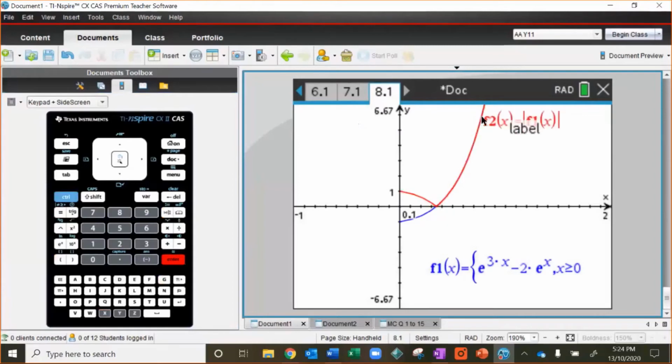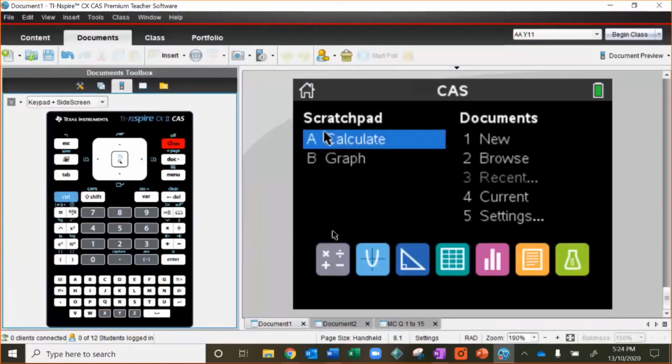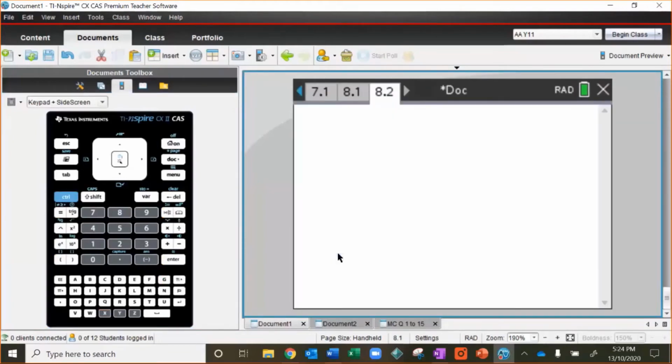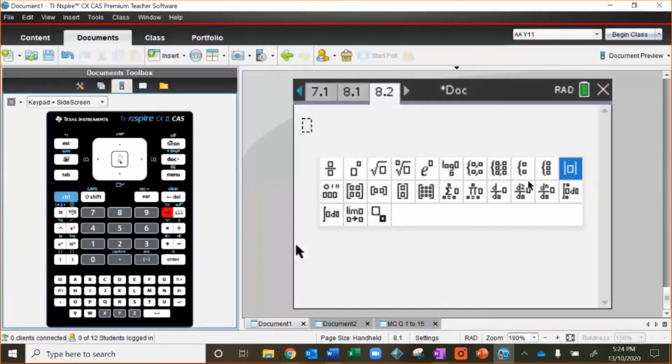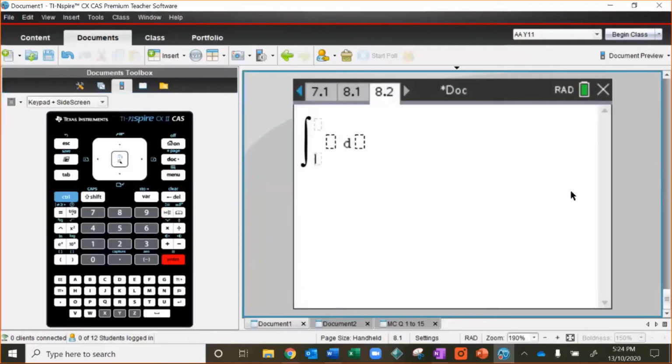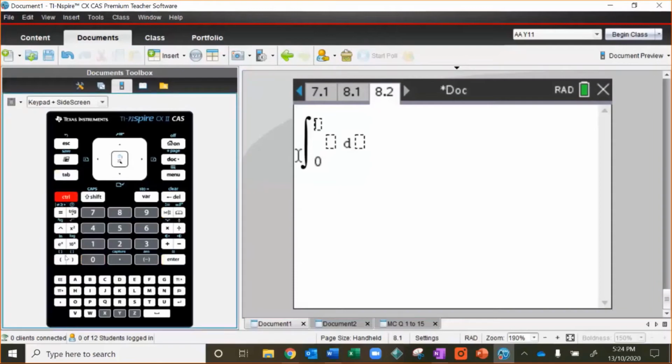So now the calculator, remember that we have modulus of our velocity is f2. So if I go to the calculator now, I can use a definite integral and put the limits 0 to ln3.